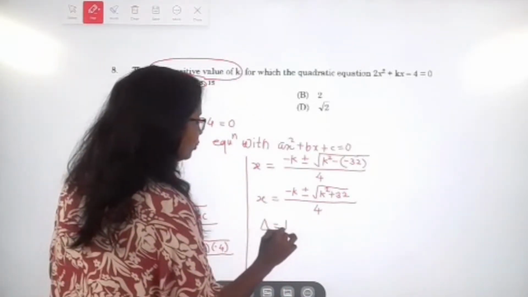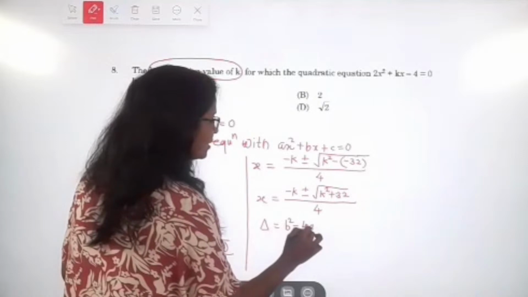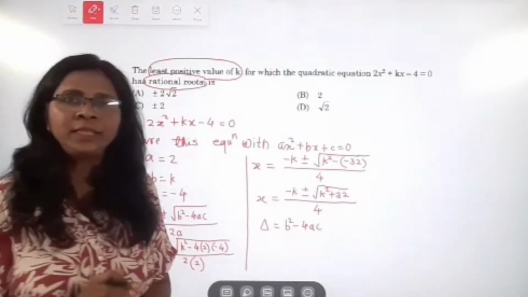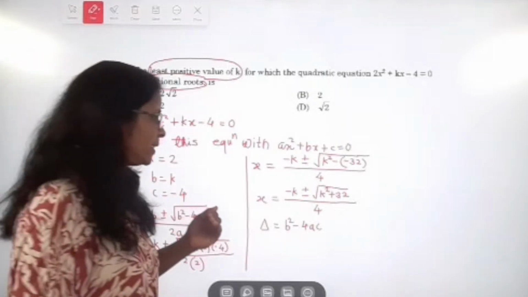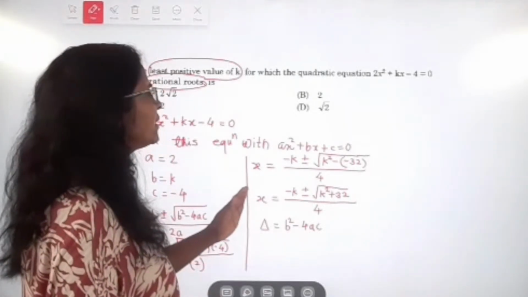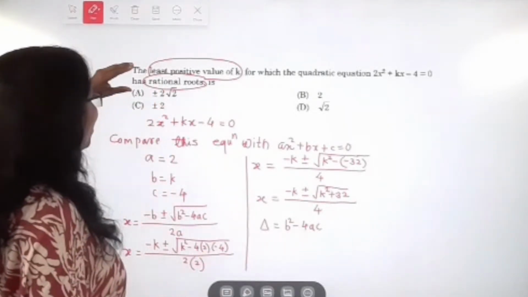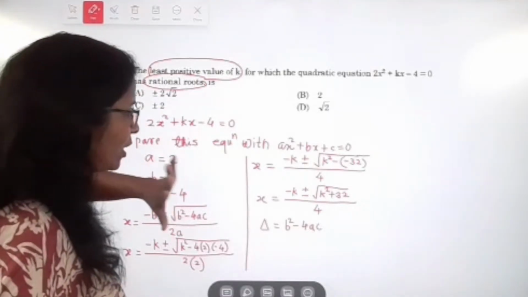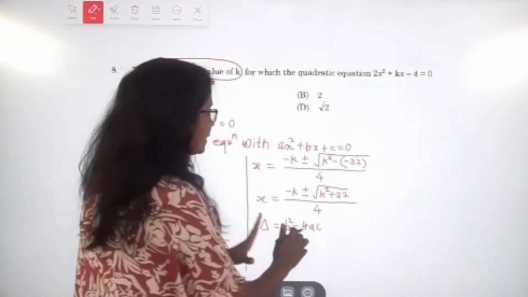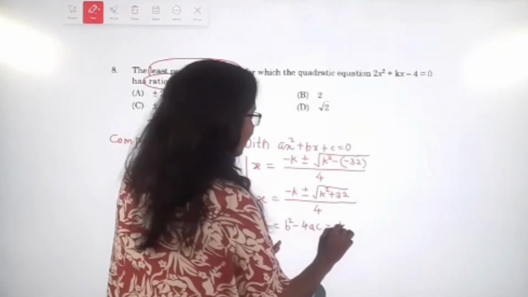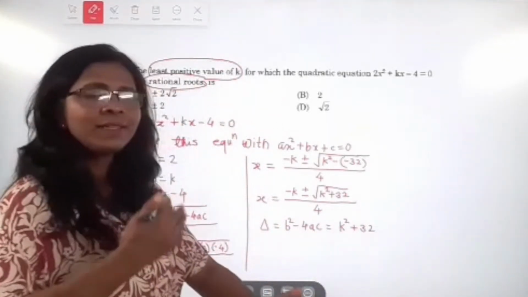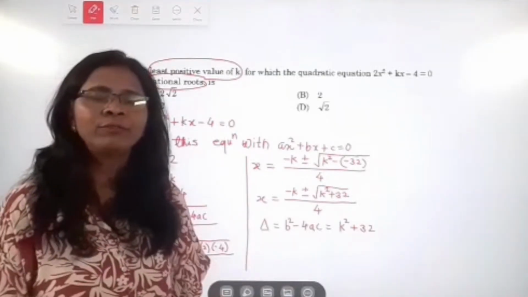Delta is equal to b square minus 4ac, and that should be a perfect square. If so, then we can say it is the least positive value of k. So we start from the positive numbers, from 1.